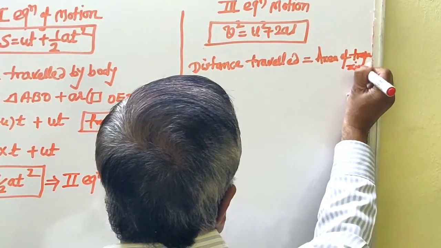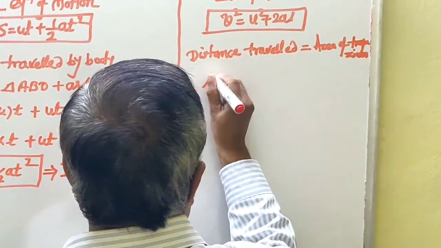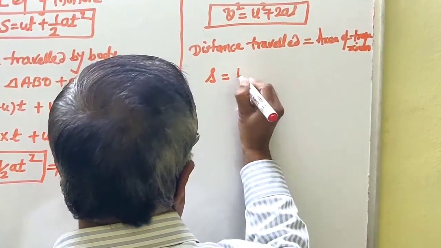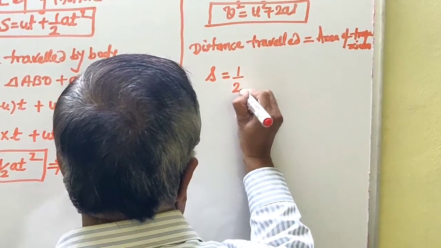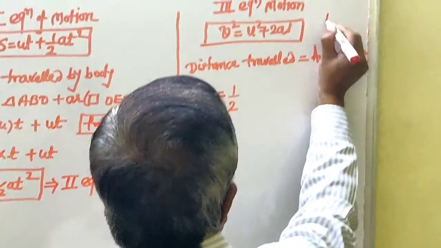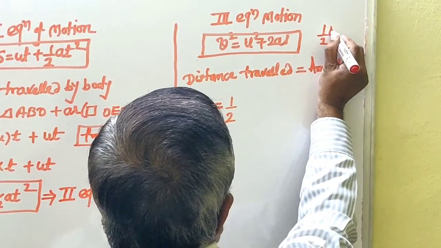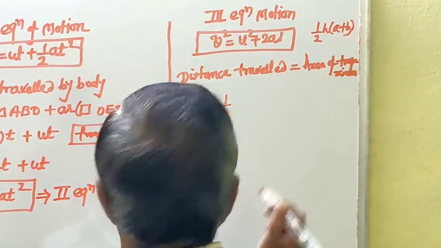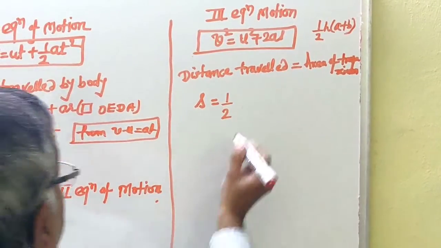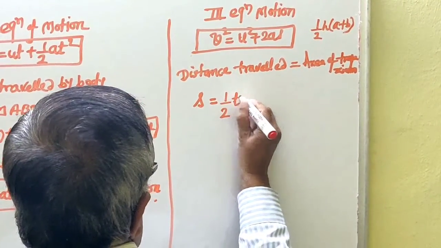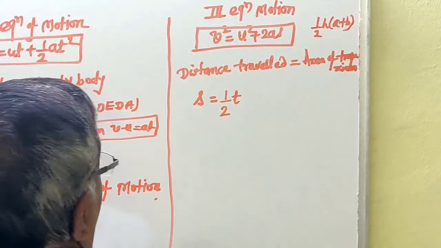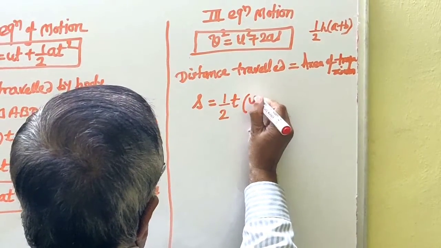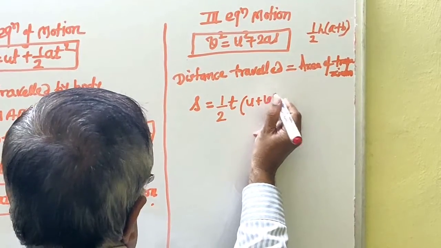Now I will write down the formula. s is the distance traveled and the area of the trapezium is equal to half h times the sum of the parallel sides. You have already studied this in 8th standard. The value of the height is t, and the sum of the parallel sides a plus b is equal to u plus v.